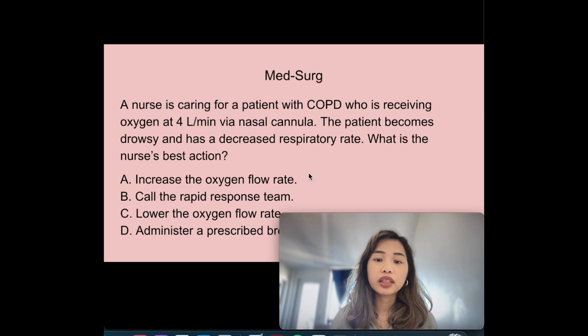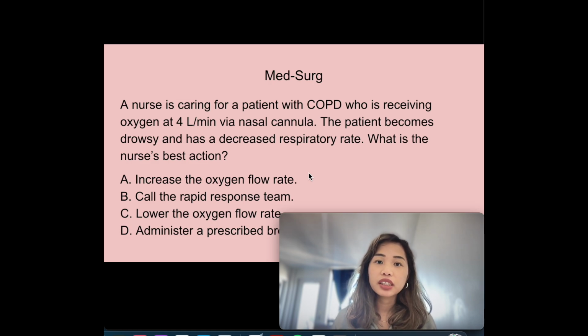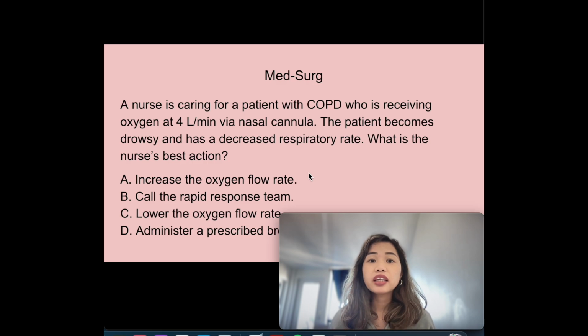So we need to lower that oxygen flow rate to help with the patient's hypoventilation. Then next, we can administer a bronchodilator, after you have fixed the oxygen level. So in this scenario, you do need to know some pathophysiology ahead of time. For COPD, it's good to understand how oxygen therapy can affect the respiratory drive.